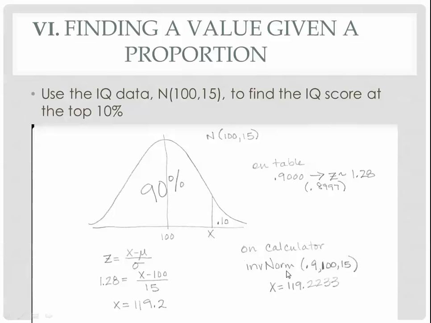But the inverse norm is part of the distro menu. So you press the second key and then the vars key. And it's the third choice, inverse norm. You'll put in the proportion to the left, the mean and the standard deviation, and then it'll come back with this. You see that they're very close. This is just a little more precise, and that's why we're going to do it, so we don't lose precision that we need.